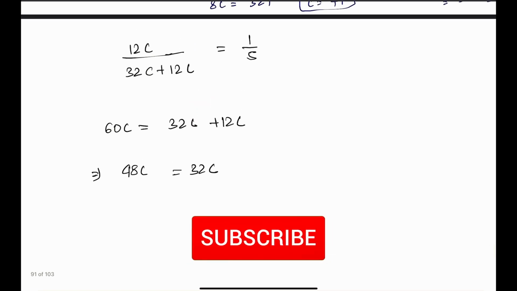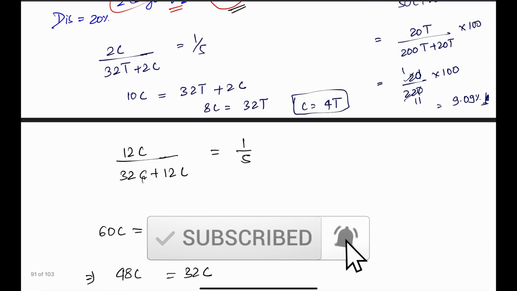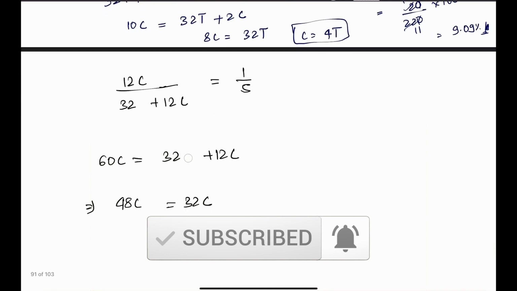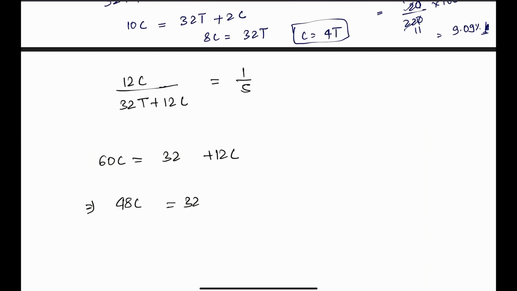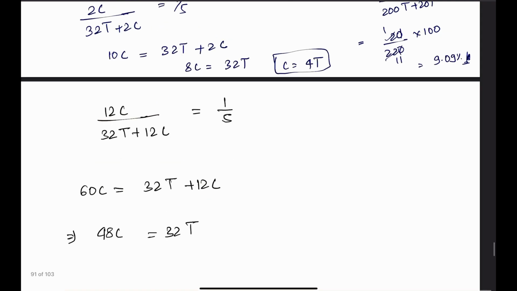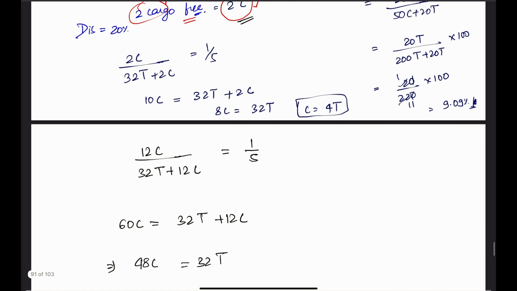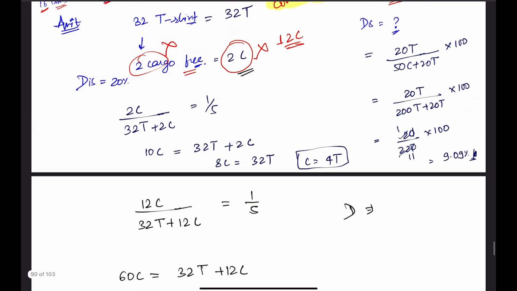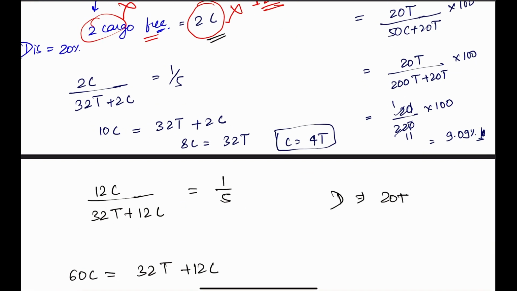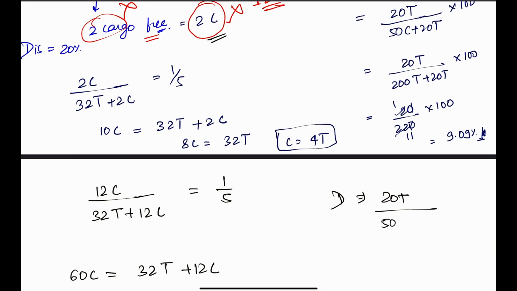Oh, I made a mistake again. 32t. T denotes t-shirt. So what I have calculated till now, in this one we have calculated the discount as 20t upon 50c plus 20t into 100.